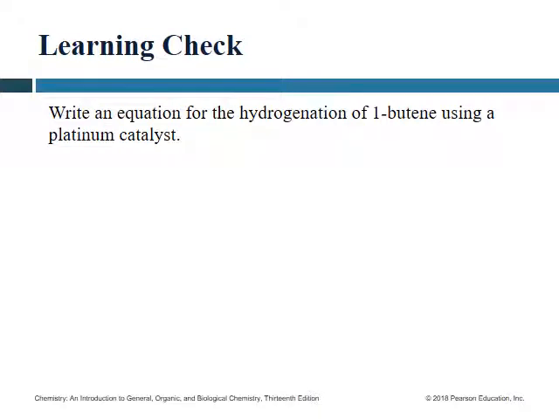For instance, the question is this: write an equation for hydrogenation of 1-butene using a platinum catalyst. So in this case, what are we going to do? We are doing hydrogenation of 1-butene. First we need a structure of our reactant. Butene means it is 4 carbons, so I draw 1, 2, 3, 4.